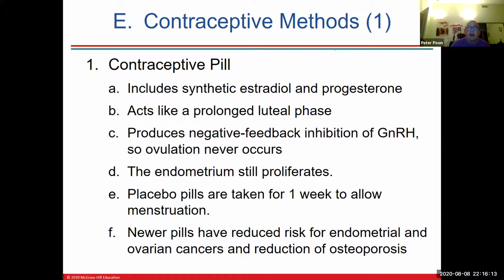The endometrium proliferates, and then you have fake pills. The placebo pills are taken for 1 week to allow for menstruation, and then you do it again, because it causes you to menstruate on cycle, and you never ovulate. So there are going to be problems with this later on.